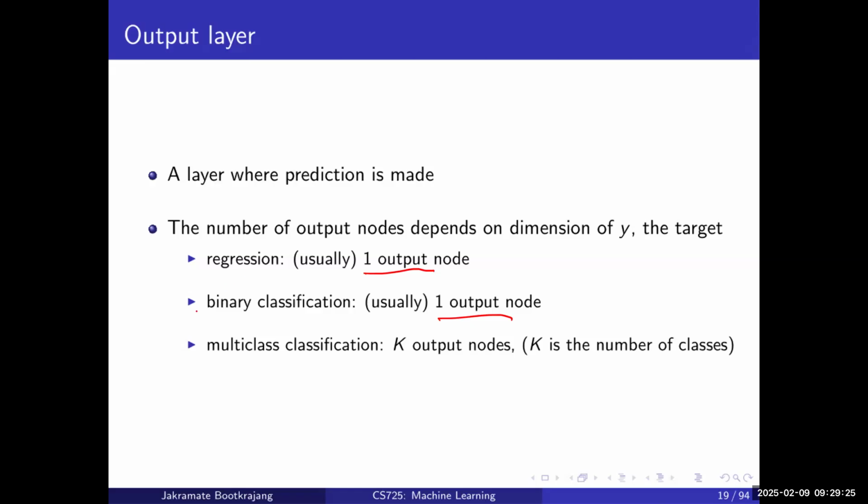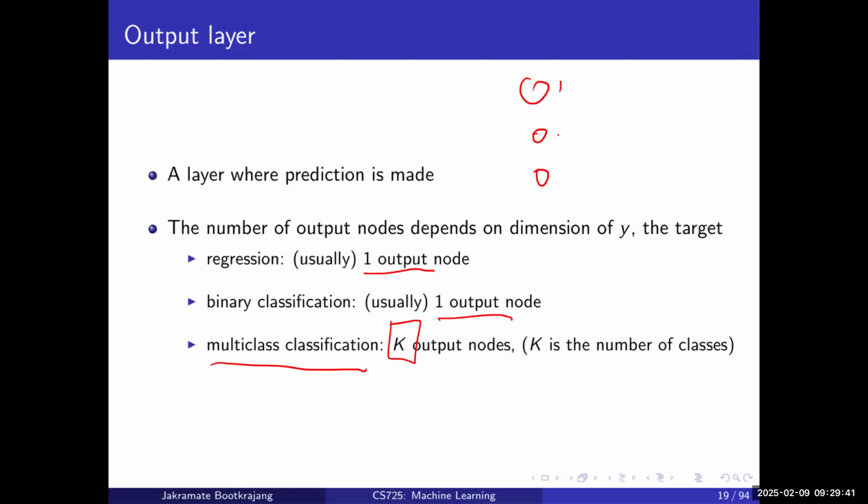But if you have a multi-class classification, you would have multiple output nodes. Normally, you will have one node for each class, so you have k nodes.